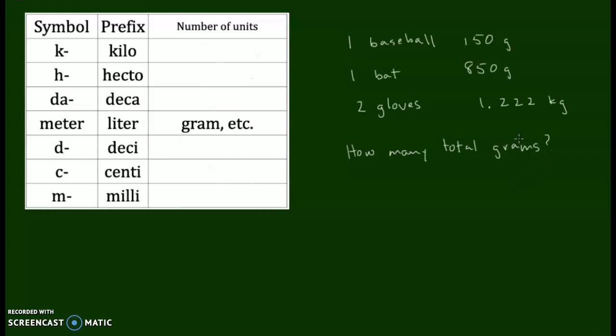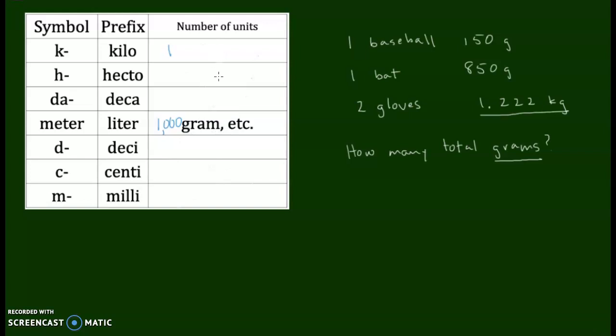So in order to figure this out, we're going to have to do some converting. And since we're looking for grams, we have to convert this to grams. One kilogram is the same as 1,000 grams.